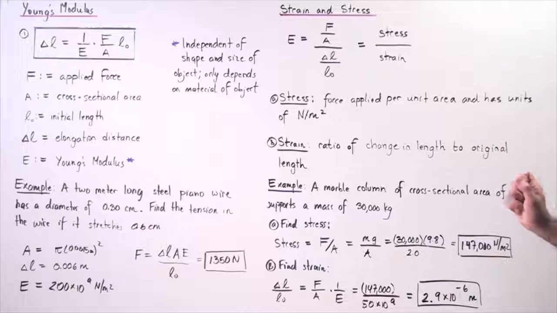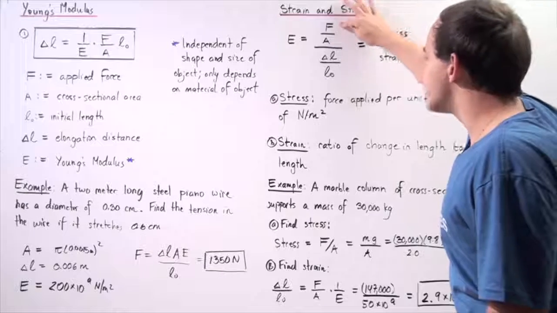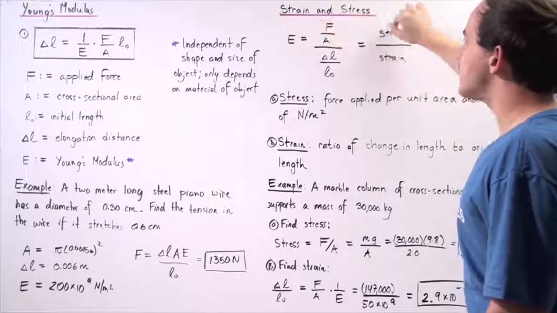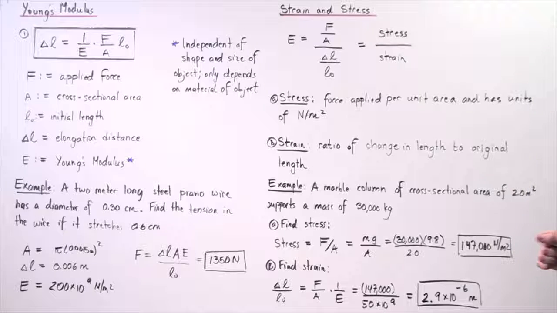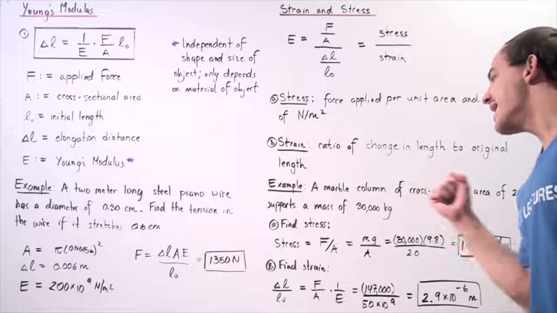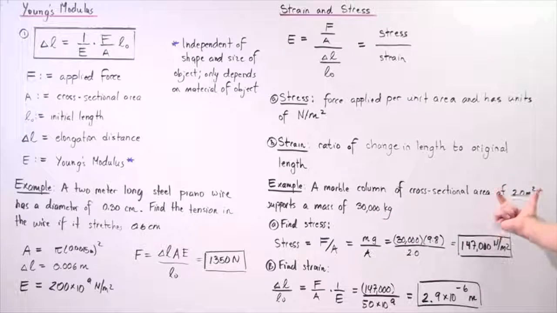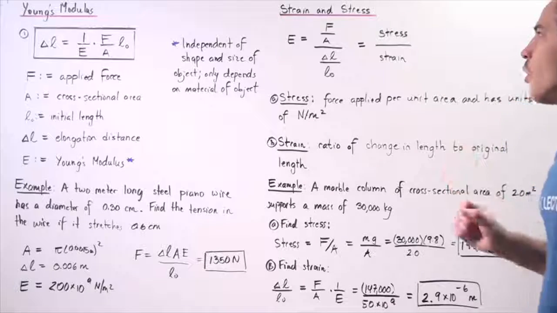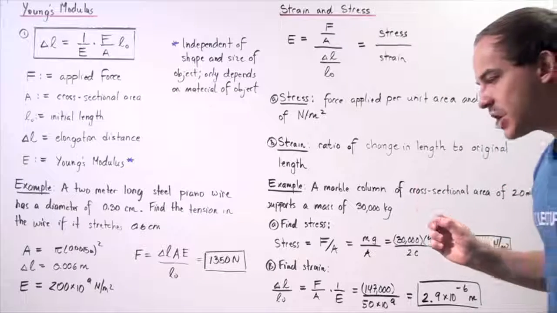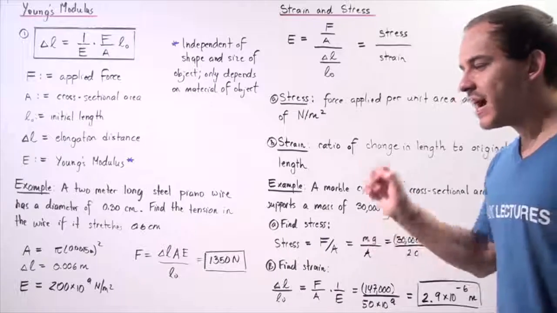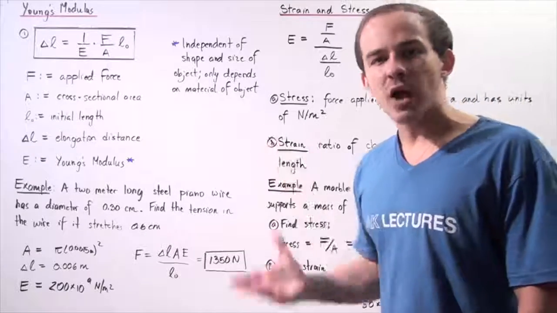To find the stress, we simply take the force that acts on the object and divide it by the cross-sectional area. We know what the mass is and we know what the cross-sectional area is. To find the force, we realize that the force acting on the mass is the force of gravity.